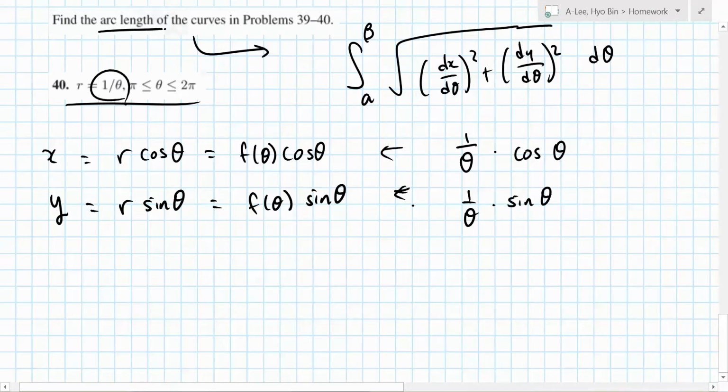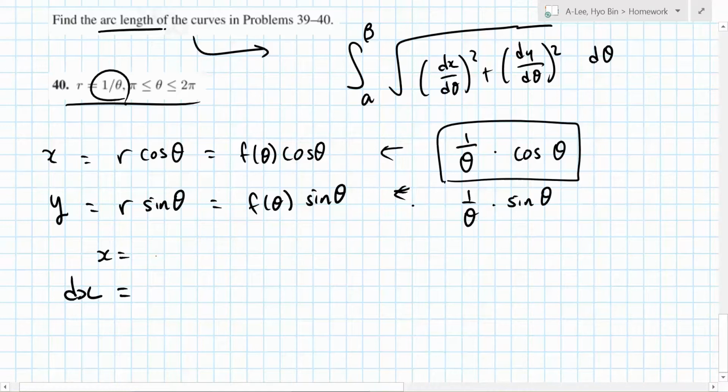And so now if I want to find my dx value, that would be a derivative of this value right here, which we know x was equal to theta inverse, and then cosine of theta.